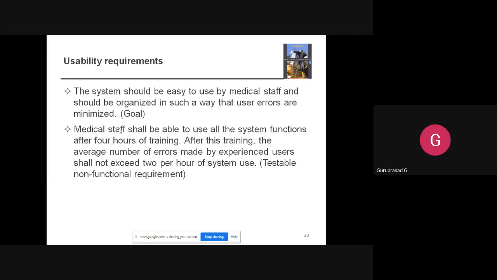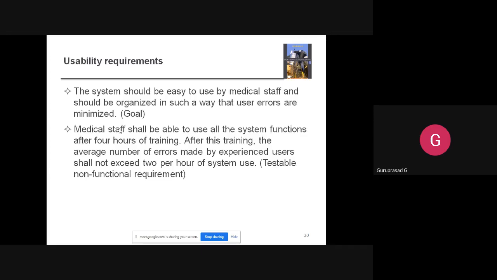So what are those? We'll tell that. But before that, what is a usability requirement? The system should be easy to use by medical staff and should be organized in such a way that user errors are minimized. Medical staff shall be able to use all the system functions after 4 hours of training. After this training, the average number of errors made by experienced users shall not exceed 2 per hour of system use.